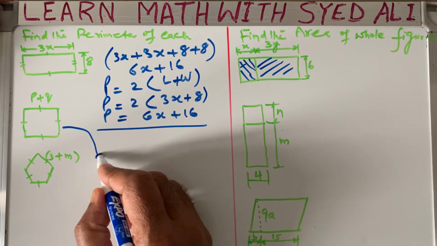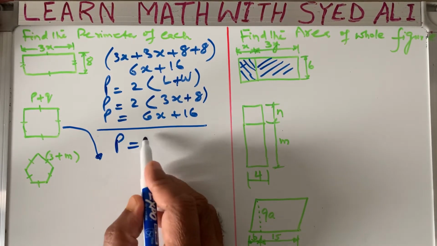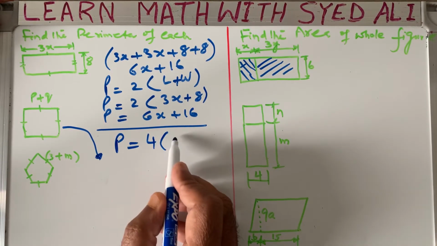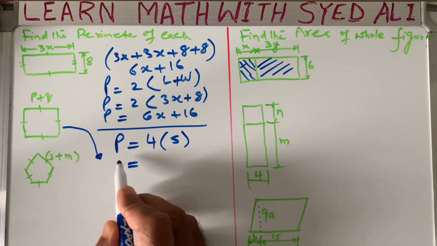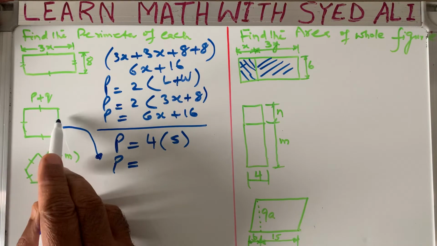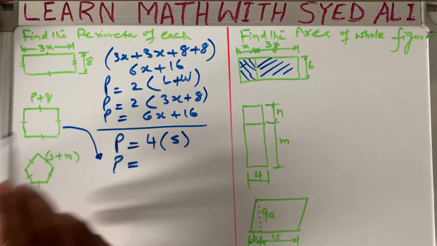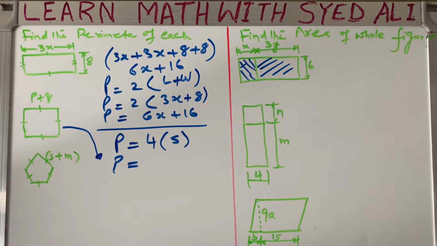Second one is here. What we see here is a square, and the perimeter of a square is 4 times the side, 4s, and the side is given. You can see these small cuts on the sides. What does it mean? It means that all sides are equal. In a square, we know that all sides are equal.